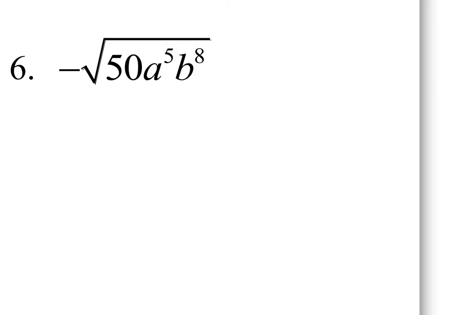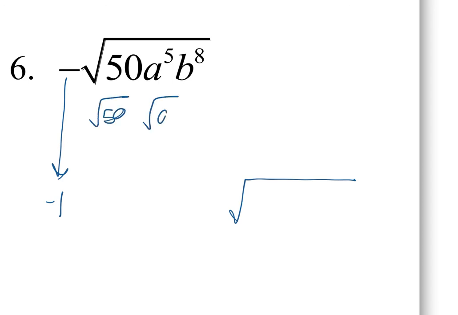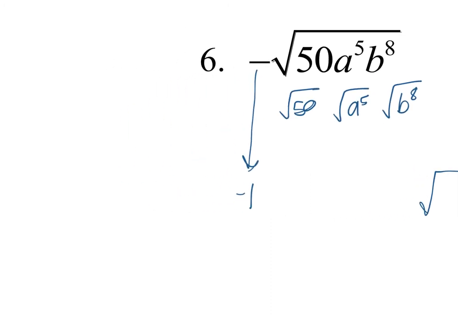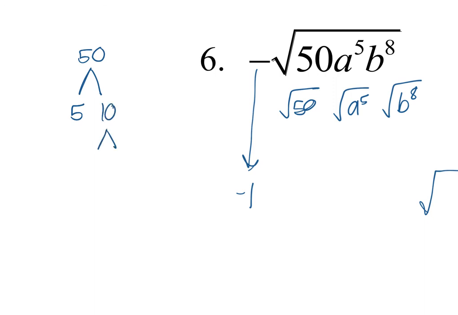So I'm going to continue on sort of just drawing me some scratch work from the beginning, so that a negative comes down. We have the square root of 50, the square root of a to the 5th, the square root of b to the 8th. 50 is 5 times 10, and 10 is 2 times 5.